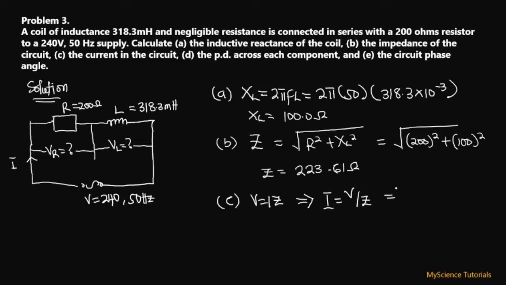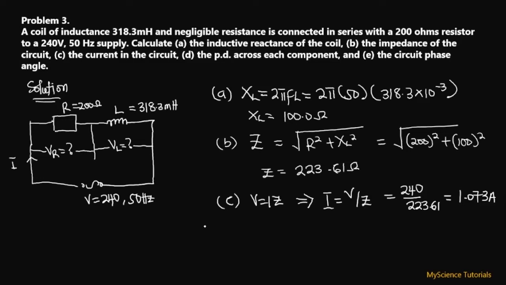And this is equal to, our voltage is 240 volts, so we have 240, divided by the impedance that we just found, 223.61. So if we compute that into our calculator, it's going to give us a value of 1.073 amperes as our current flowing through the circuit.